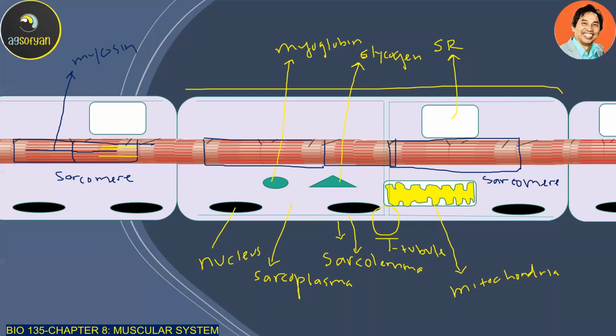So this thin filament is called actin. Okay, so these are the two main filaments of the sarcomere that are used for contraction. We will see the process later. Okay, so just remember actin and myosin are the filaments in the sarcomere that are used for muscle contraction.